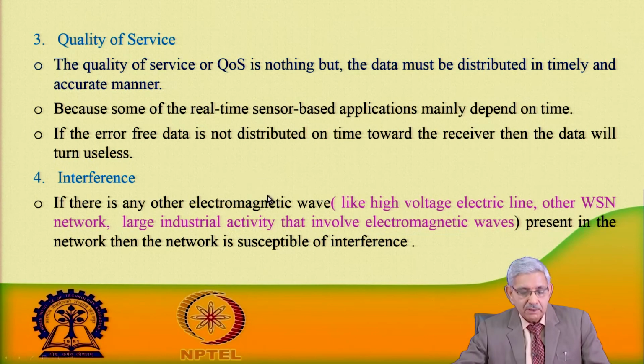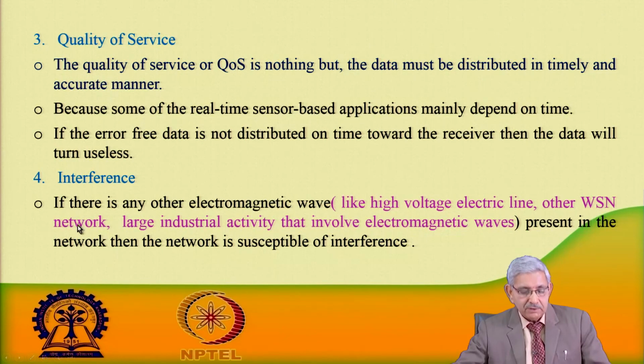If error free data is not delivered on time to the receiver, then the data will not be useful. If the data is received with a time gap, it may not be useful.